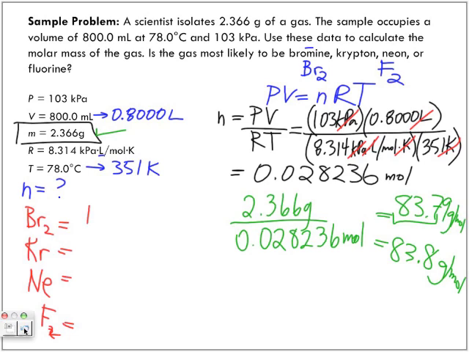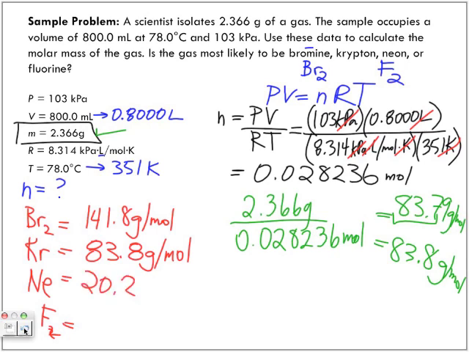So bromine would have given you 141.8 grams per mole. If you found the molar mass of krypton, you would have gotten 83.8 grams per mole. So right away we would have found it on our second attempt. Just for argument's sake, molar mass of neon, 20.2 grams per mole.